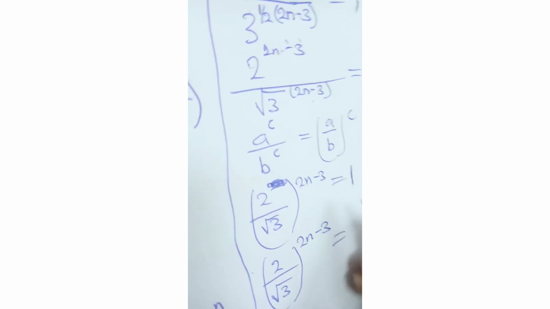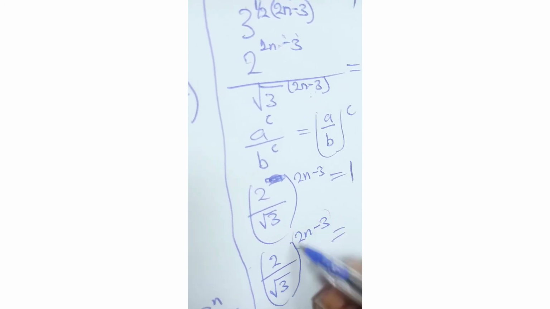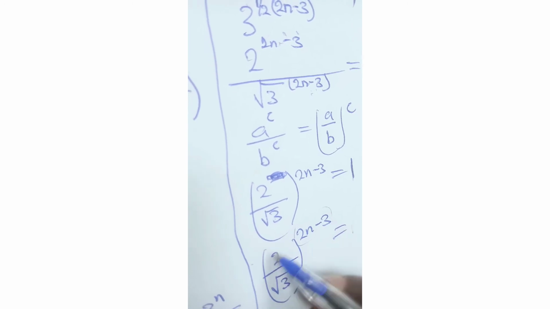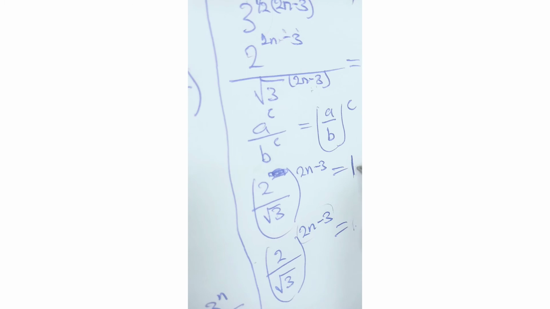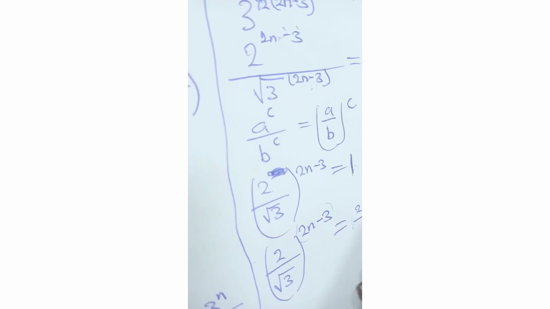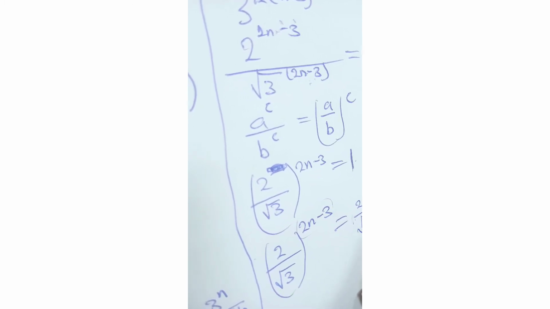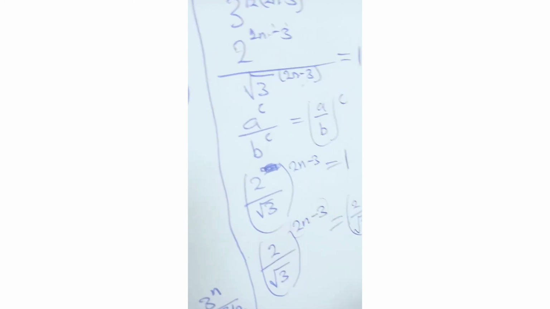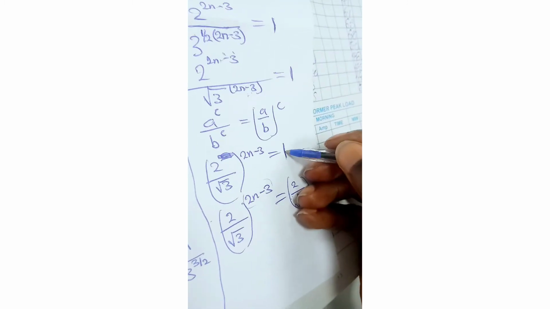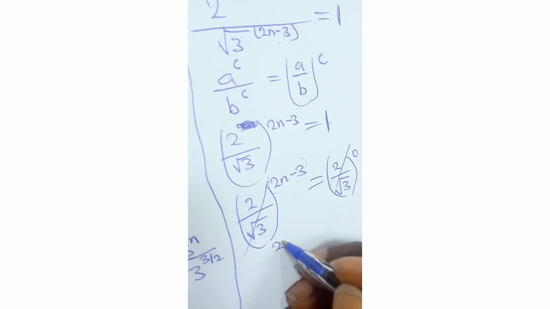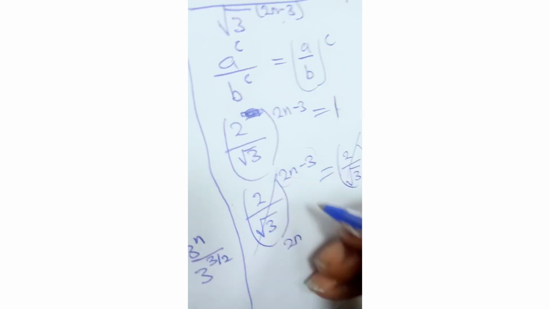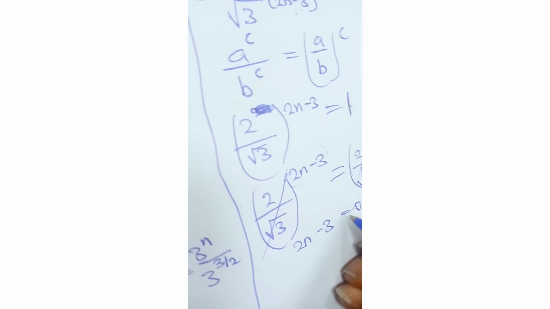So this is what I want to calculate, and I have 1 here, then I can decide to put here a power of 0, which is the same thing as 1. That is 2 over root 3 all raised to 0. In that regard, this is still the same thing as 1. So therefore I can easily cancel this. Then I will have 2n minus 3 is equal to 0.